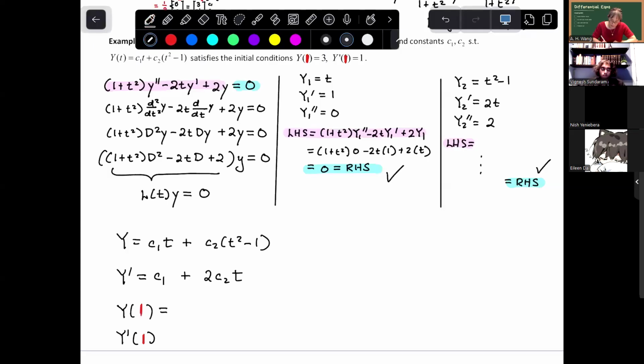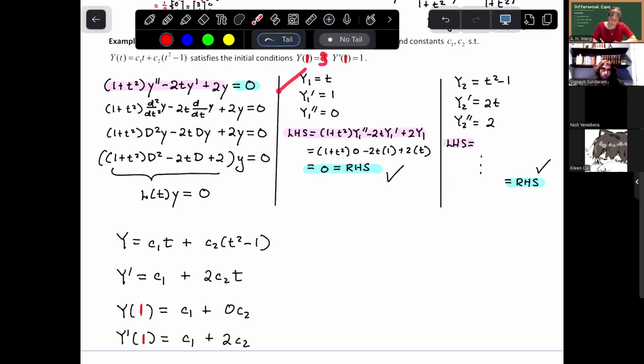And then what you get is C1, and then this is 0, C2. This is C1, 2C2. And you still do the same thing. Here's the 3, right? So you can have this, and then this is going to be equal to the 3, right? So you have this is going to be equal to 3.